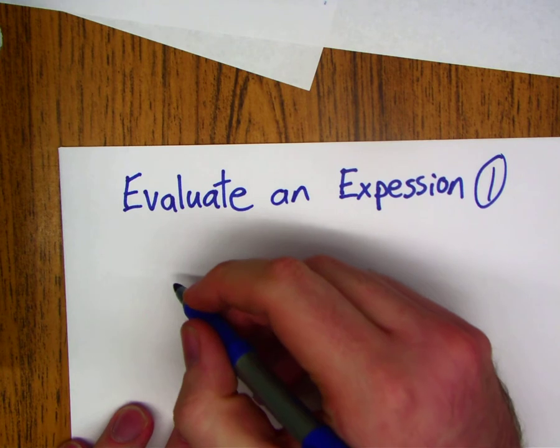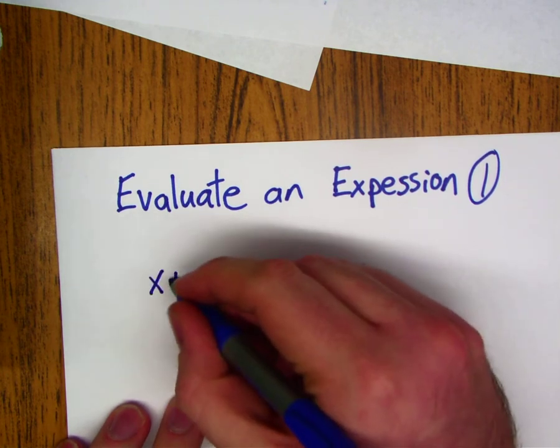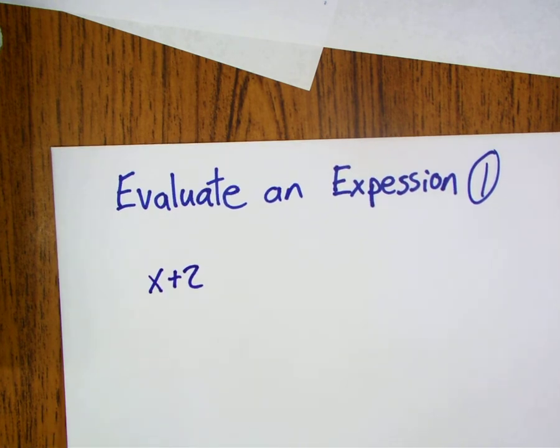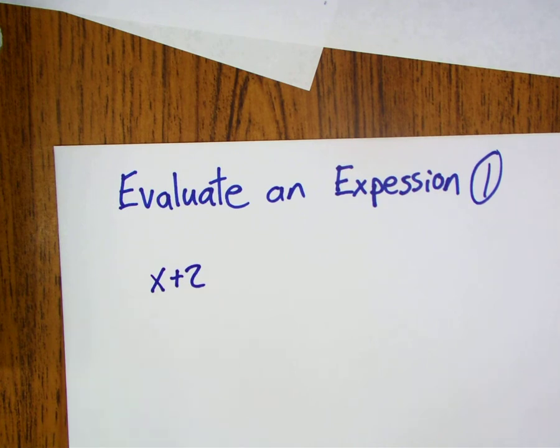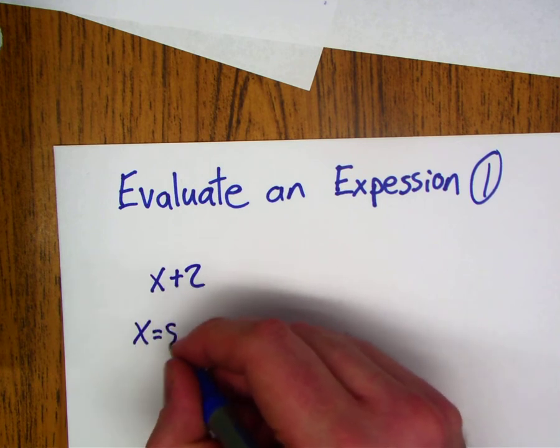We are going to start out by being given some type of expression, like say, x plus 2. That part is generally just given to you. It's given some letter. What are letters doing in math? And a number. Then all of a sudden they say, tell me what it is when x equals 8.